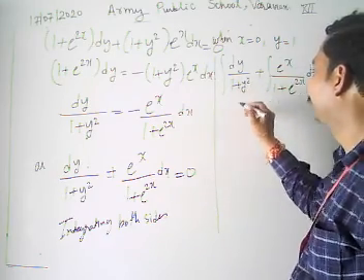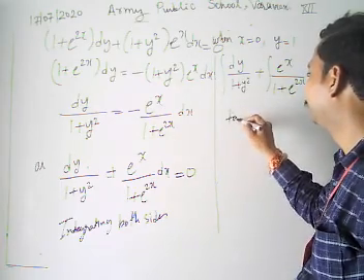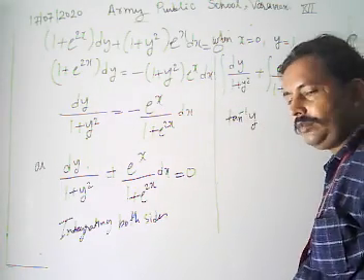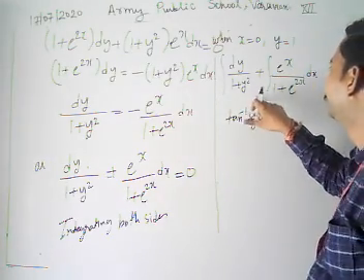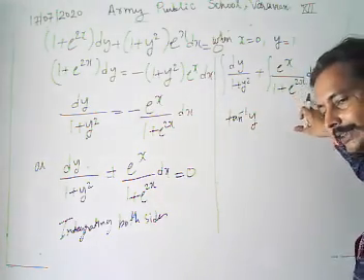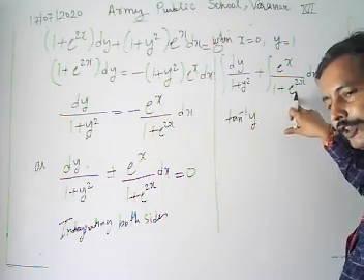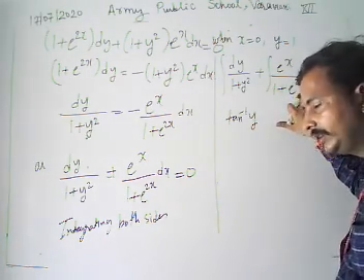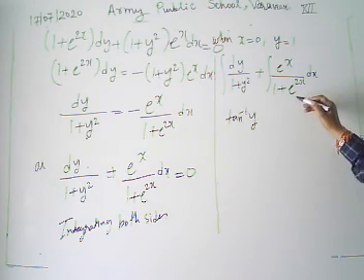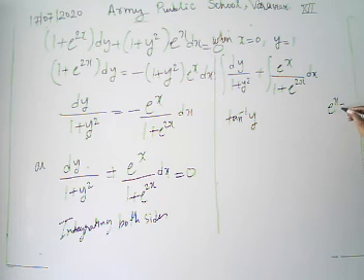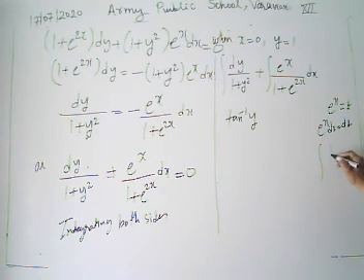Then we have tan inverse y. For the second integral we take e to power x equal to t. I am going to explain this integration. When e to power x is t, then e to power x dx equals dt. Then the problem reduces to the integral of dt upon 1 plus t square.